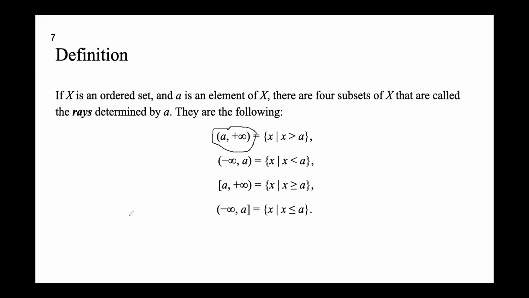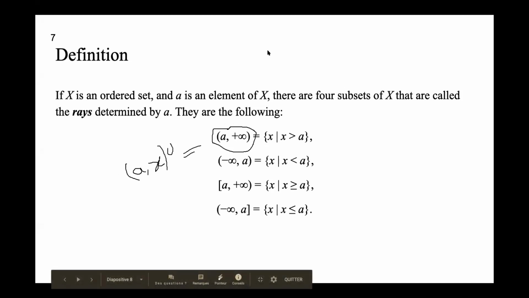I'm sorry, I'm a little bit confused. So what are you proving at this moment? We are proving that this open ray is equal to the union of all these open sets. Oh, okay, the union of all this. Yeah.